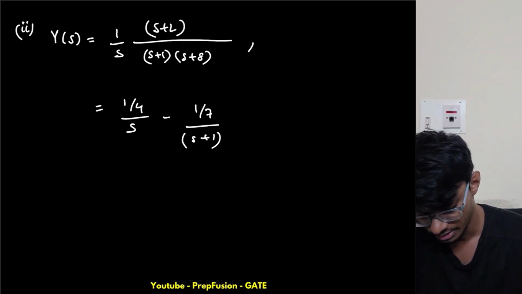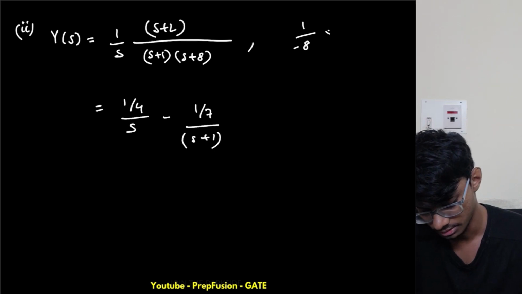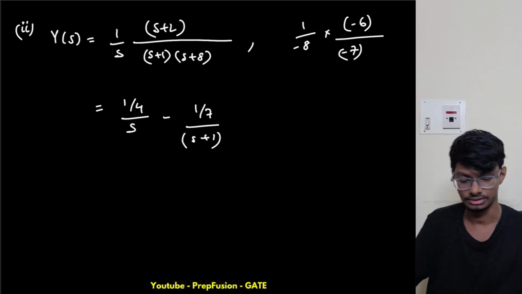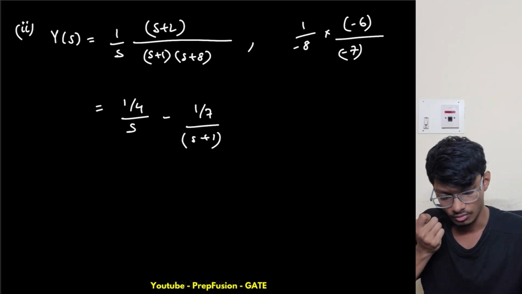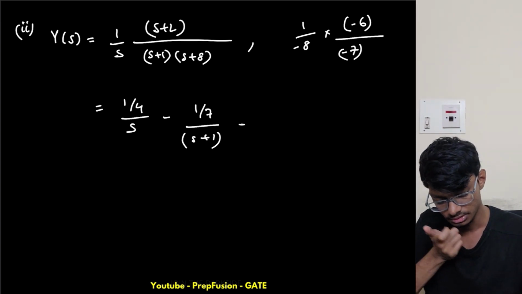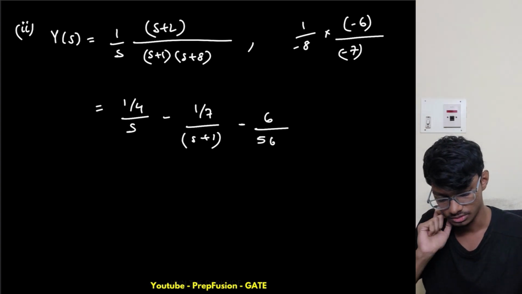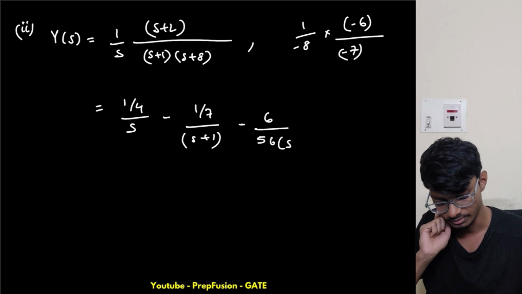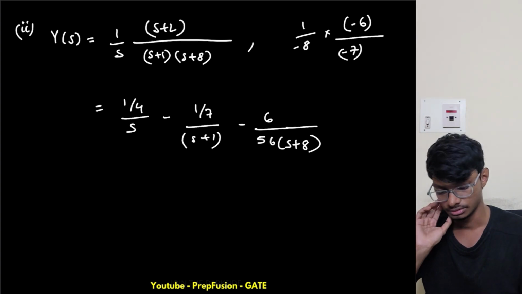If I put s equals minus 8, what do I get? I get 1 by (minus 8) into (minus 6), and here this is minus 7. So the result is simply minus 6 by 56, divided by s plus 8 also. So this is my Y of s.